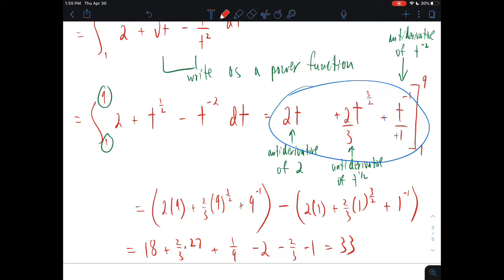So this turns into minus 5/9. So that's 32 and 4/9. So notice this is similar to doing an indefinite integral, but because of the limits of integration, I don't have a constant of integration, and I am going to get a single numerical answer at the end.